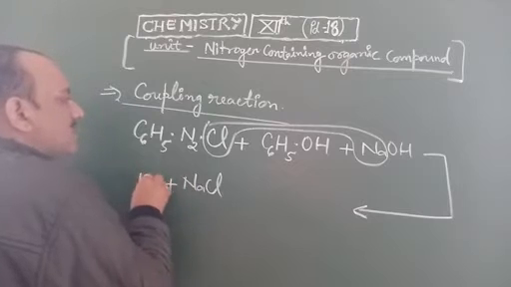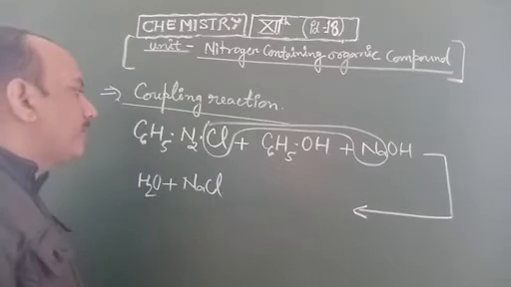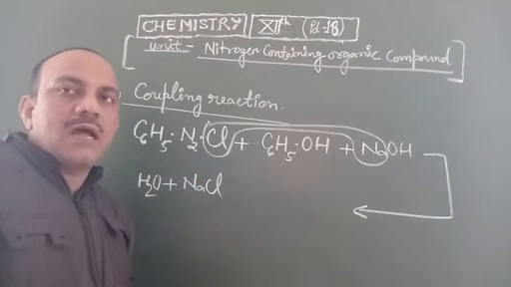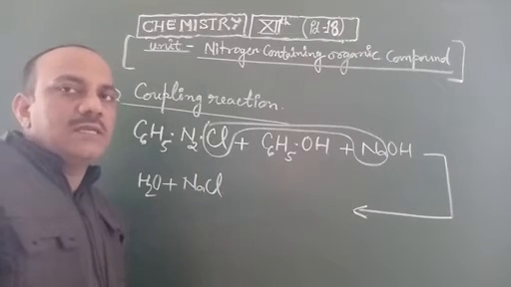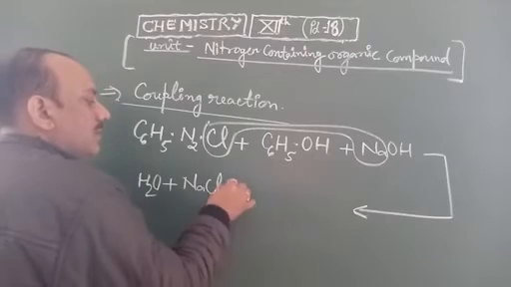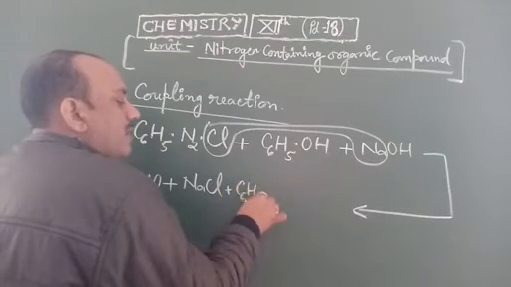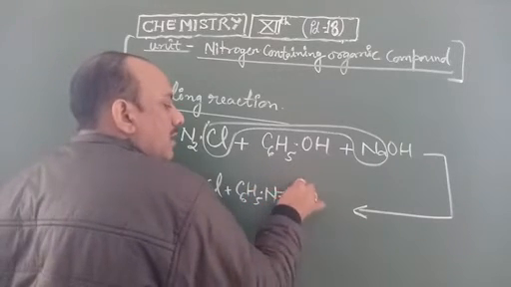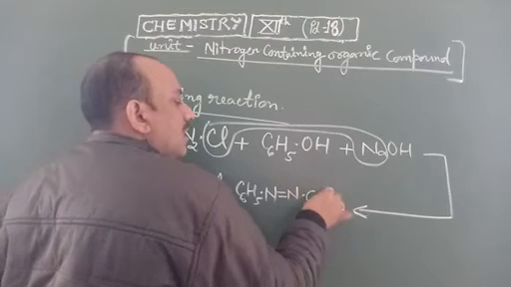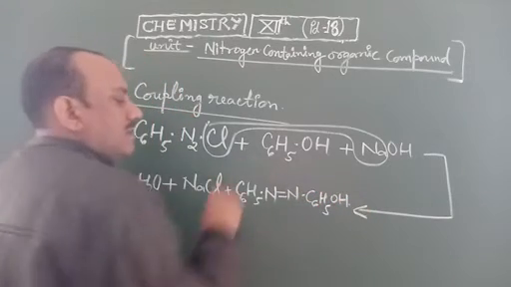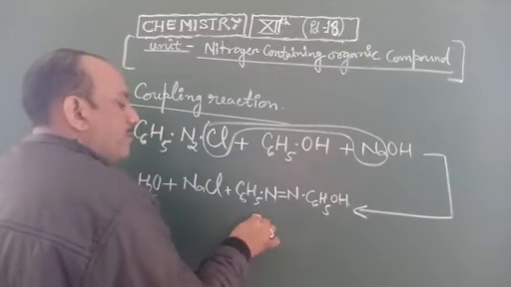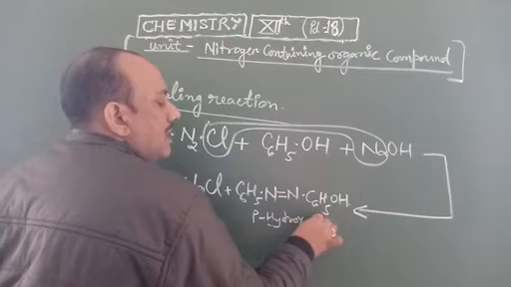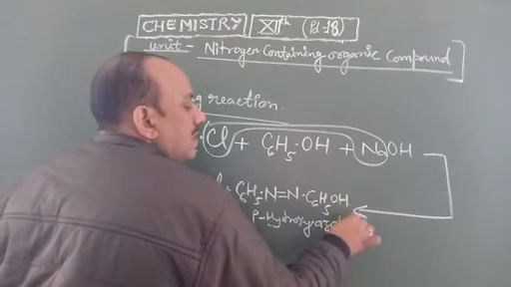So plus H2O, and then it gives a coupling product named para-hydroxyazobenzene, C6H5N=NC6H5OH.